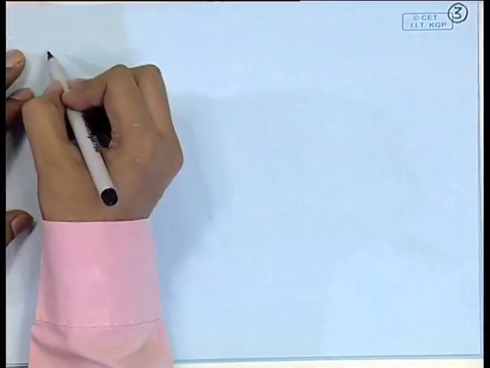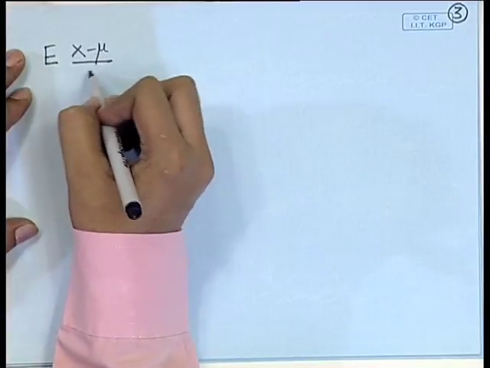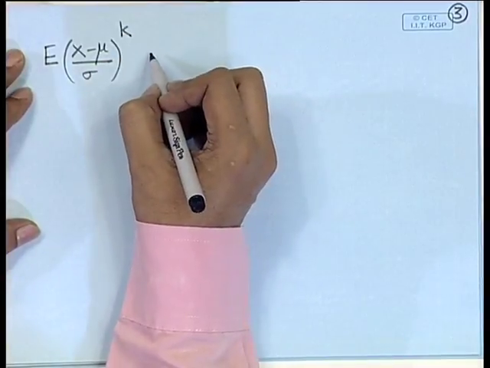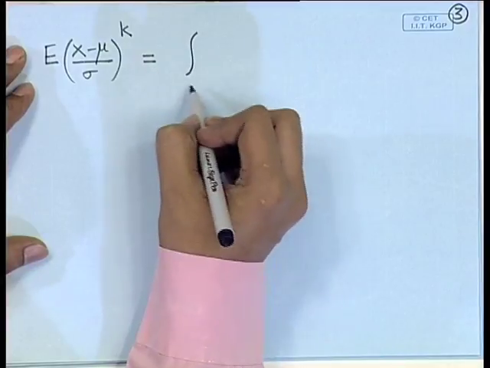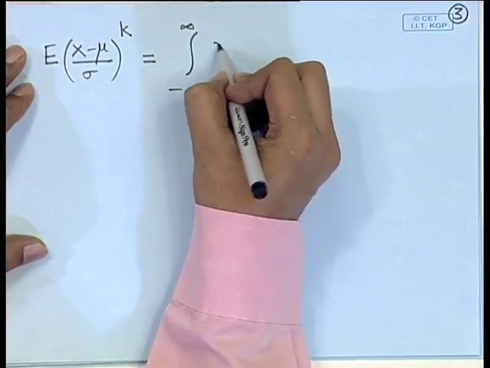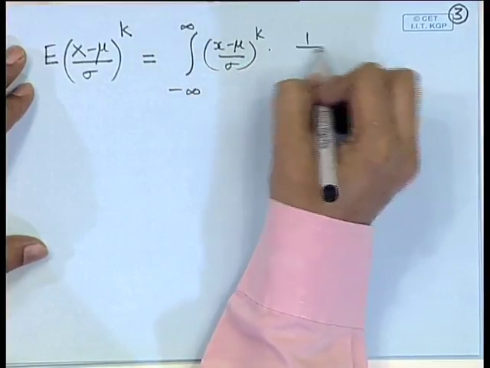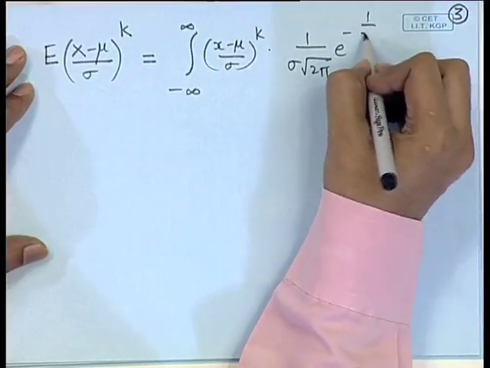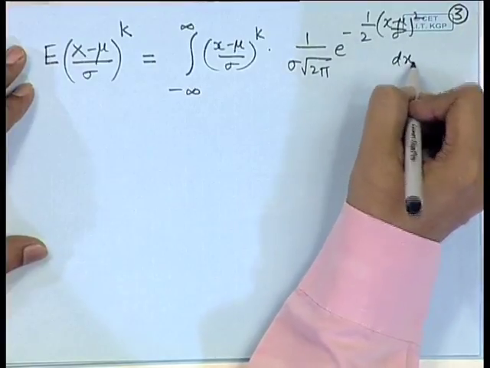Let us consider the expectation of ((x minus mu) by sigma) to the power k. So, this is equal to the integral from minus infinity to infinity of ((x minus mu) by sigma) to the power k times 1 by sigma root 2 pi e to the power minus 1 by 2 (x minus mu by sigma) whole square dx.